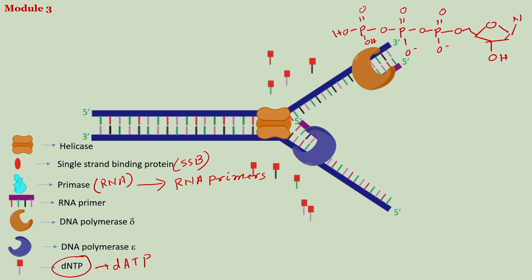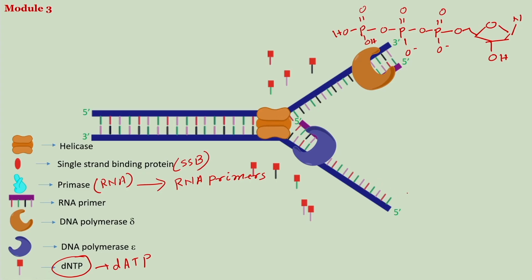Now, here is the trick. This strand is 5 prime to 3 prime and the other strand is 3 prime to 5 prime. The RNA primer that was there in this strand would be the complementary of it, meaning in the 5 prime to 3 prime direction. Why is this not coming here?